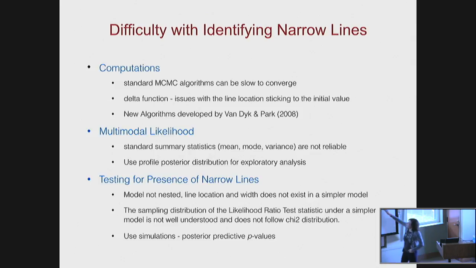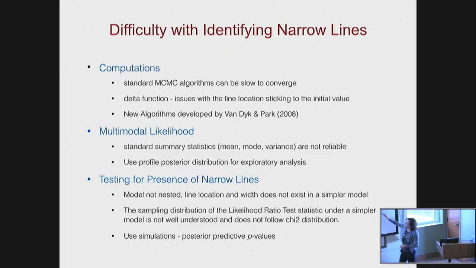The standard MCMC can be very slow. And when you say the line is very narrow, the width of the line is really the width of your bin, so it's unresolved. You cannot really fit that line, because when you say, okay, the line is there, and I run my algorithm, the line will stay there. It will not move. It will stay at the initial value.